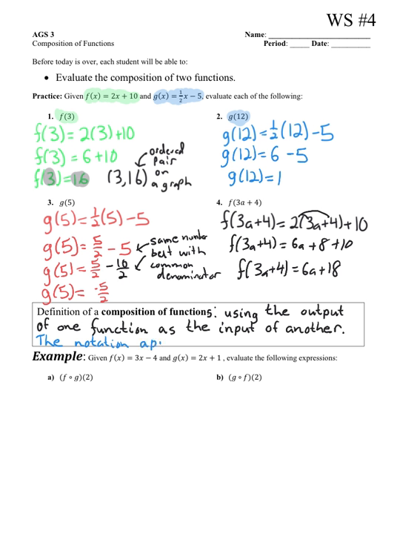But first I'm going to show you the notation. The notation appears as f of g of x, with a little circle, or we might see it written like this, which I personally like a little bit better.